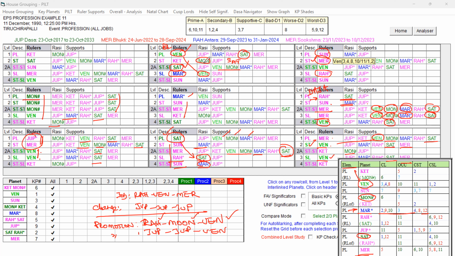That Moon is favorable and supported by Saturn, and Saturn is the star lord planet, 12 level planet, and Mars also having Venus. So Venus role is there at the planet level and also sub level forming ruler link, and 12 level also having Venus, and the other favorable key planet Moon is playing a role and Saturn is playing a role, and sub level also having supportive Mars.